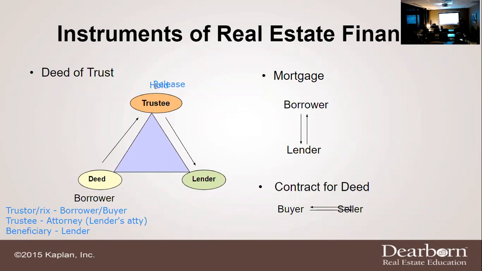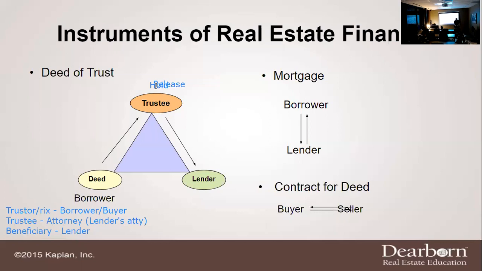So a lot of times when you're sitting at the table, I have this question all the time: the buyer will be going through their stuff, and then they see deed of trust, and it says that the buyer is transferring title to the lender. And immediately they're like, why am I giving away the property to the lender?